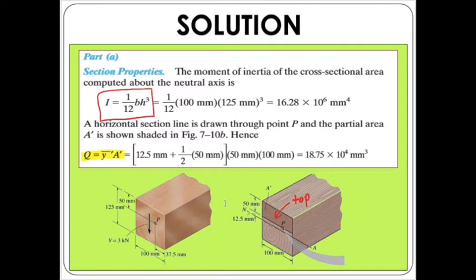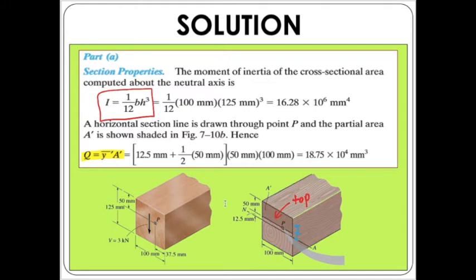As for this A prime, we know that we have the segment on the top of the section. So we are going to calculate from the center of this section to point P, and then add this up with the distance to the centroid of the segment, which is located right in the middle of the segment.